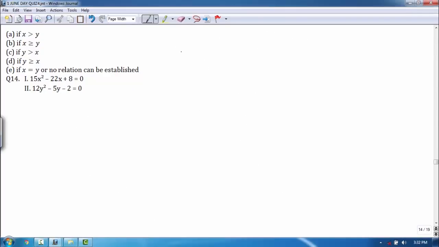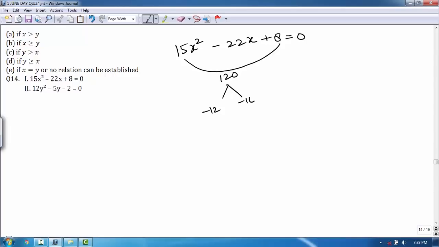So the given equation is 15x square minus 22x plus 8 is equal to 0. On multiplying 15 with 8 we get 120, and on dividing it we get minus 12 and minus 10, because on adding these two numbers we get minus 22x, and on multiplying them both we get 120.